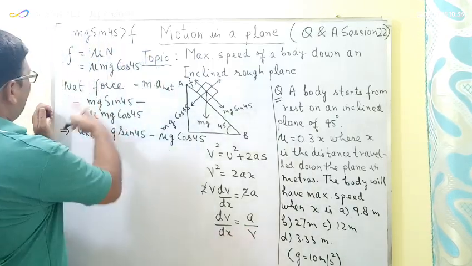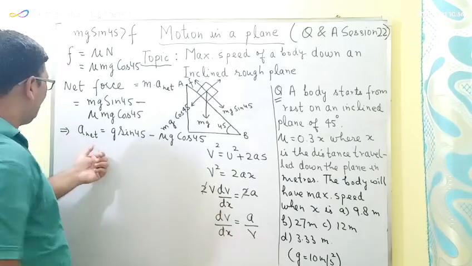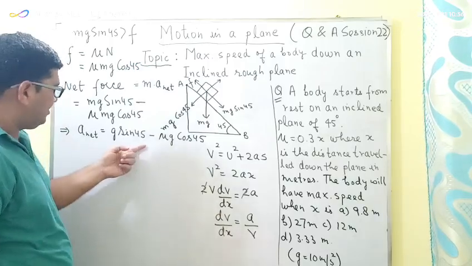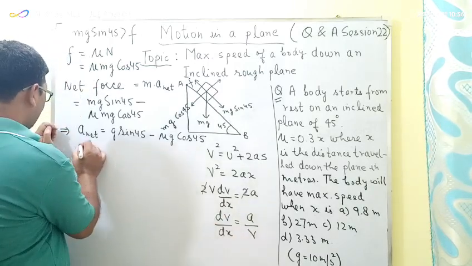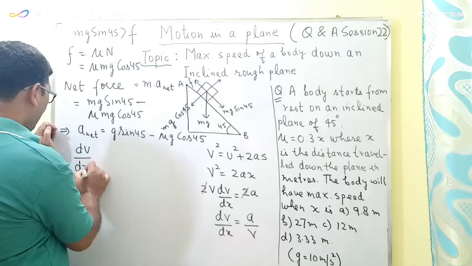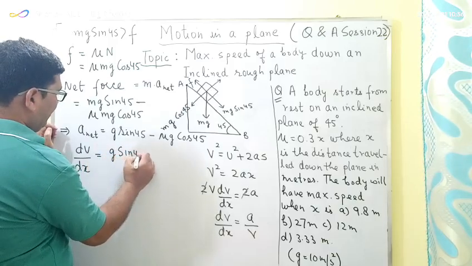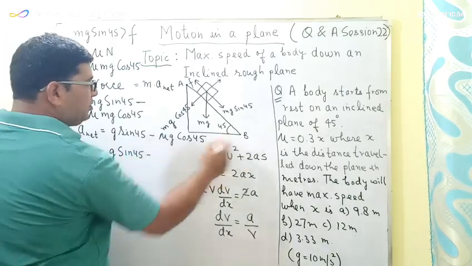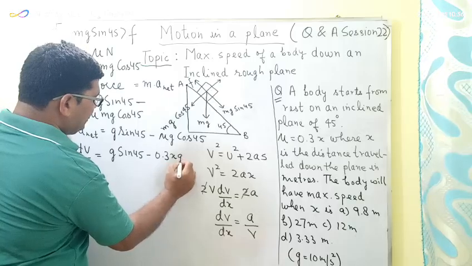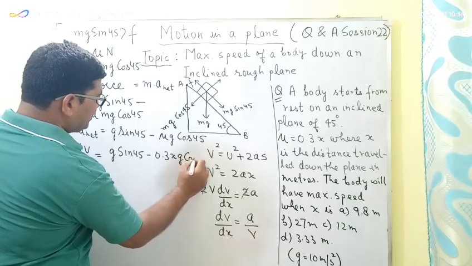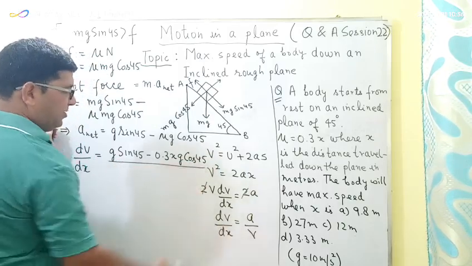The value of the net acceleration is now known to us, so we can find dv/dx, which will be equal to g sin 45 minus, now mu is equal to 0.3x, g cos 45, divided by v.